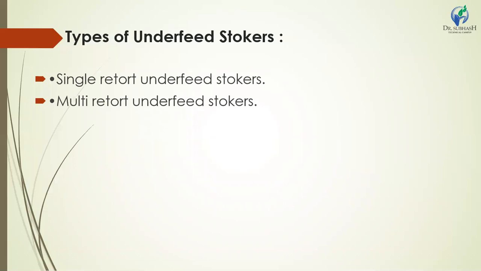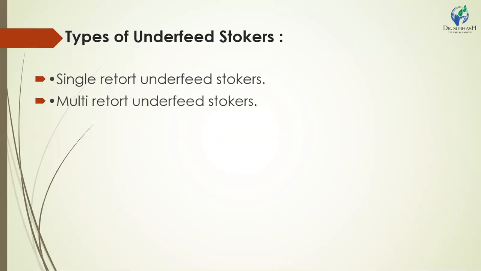Now we will see the classification of underfeed stokers. There are two types of underfeed stokers available. First one is the single retort underfeed stoker, and another one is the multi retort underfeed stoker.